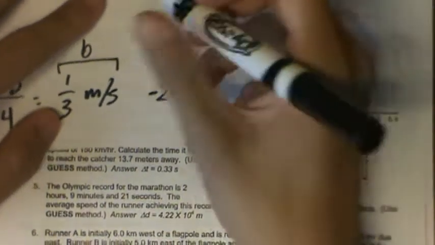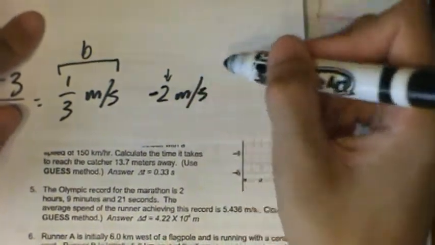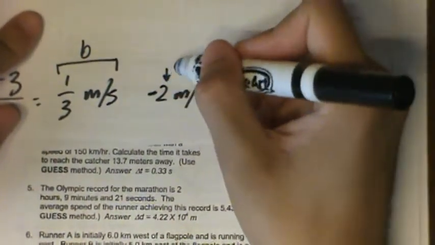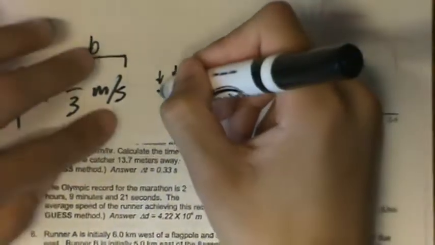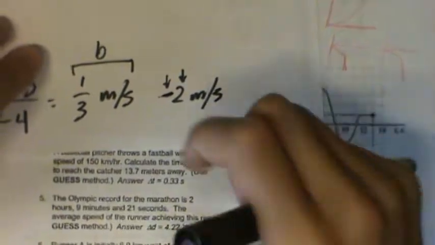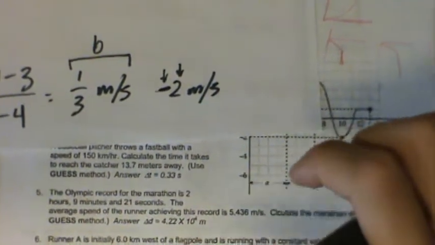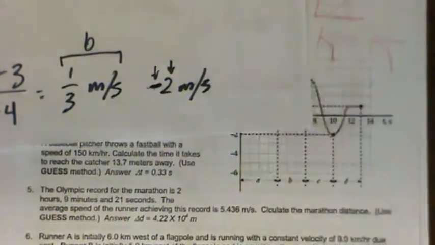Now, velocity is a vector, so it also has a direction, not only the scalar part, but also the vector part. So this just means it is moving in the opposite direction from your reference point.